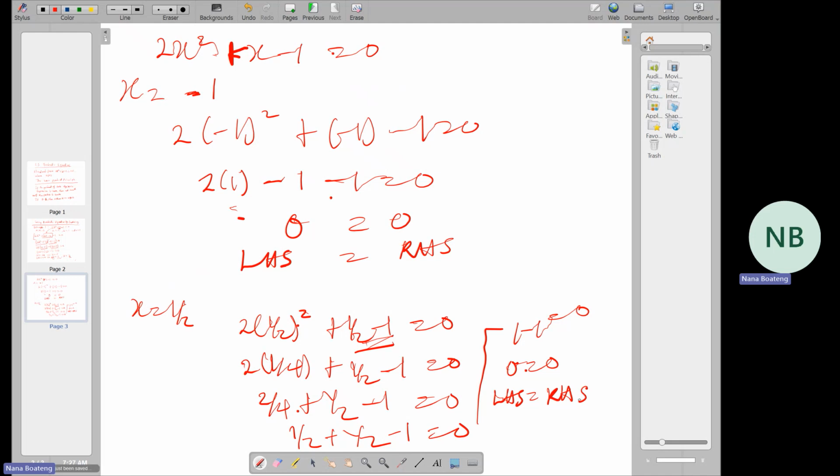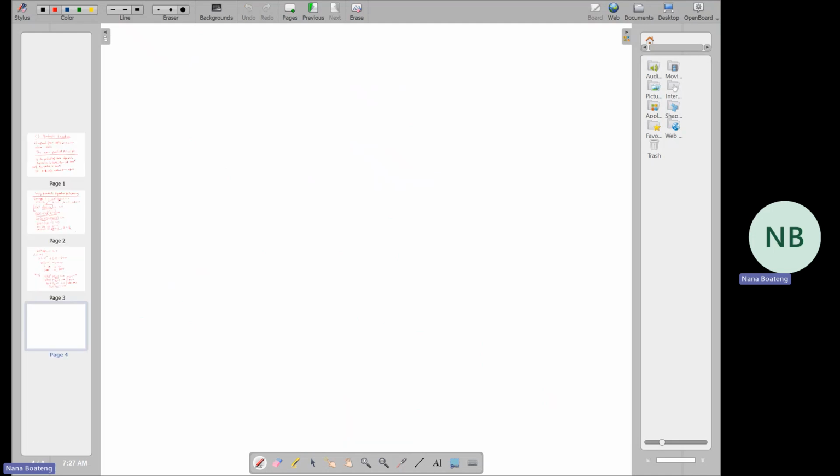Let's look at another example. So example 2. We are still solving by factoring. So example 2 is 8x squared plus 10x minus 7 is equal to 0.